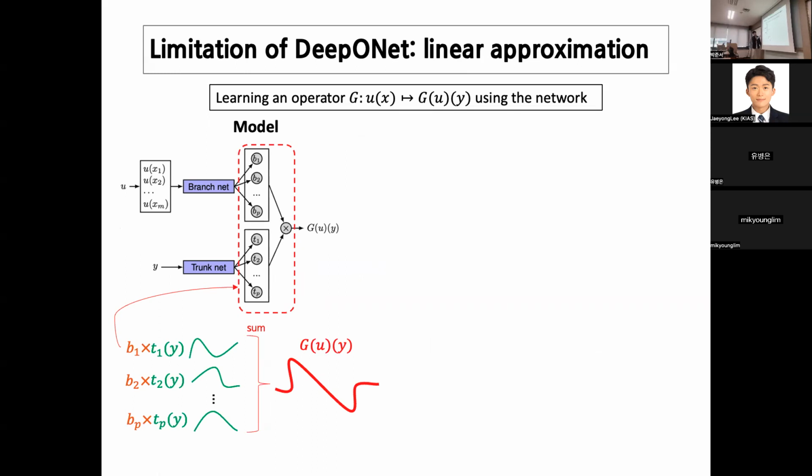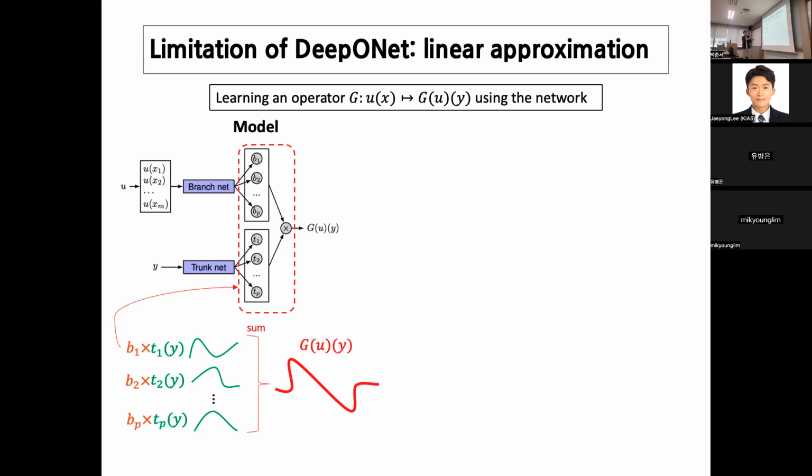First, we can think of this output function as having a variable y. So y is the input to the TrunkNet. The TrunkNet makes the P values, which are the basis functions for the output target function space. So the TrunkNet makes the P basis for the target function, and the BranchNet makes the output, which is the coefficients of each basis.